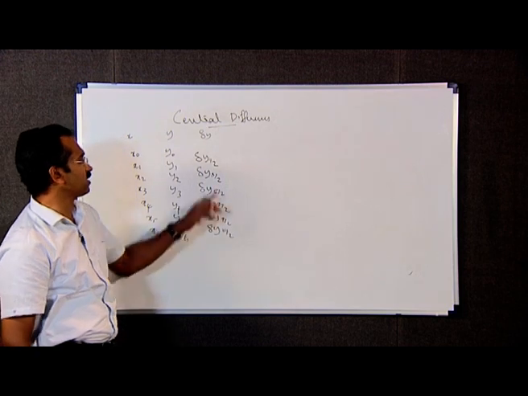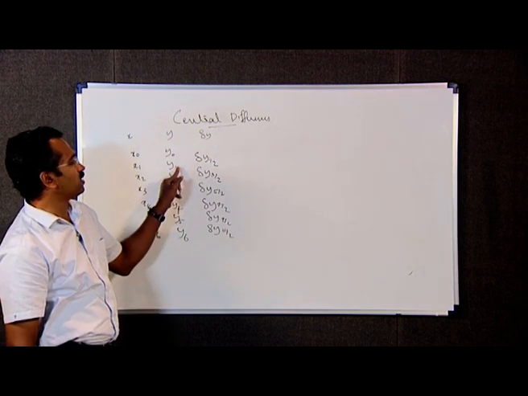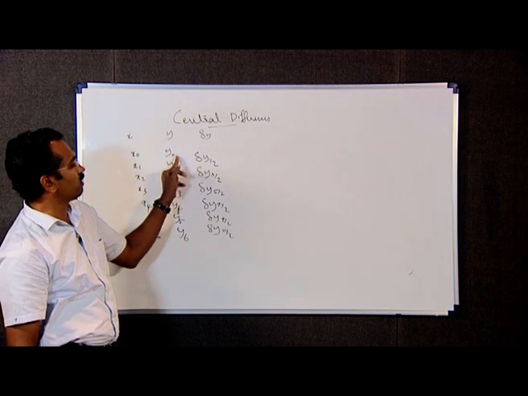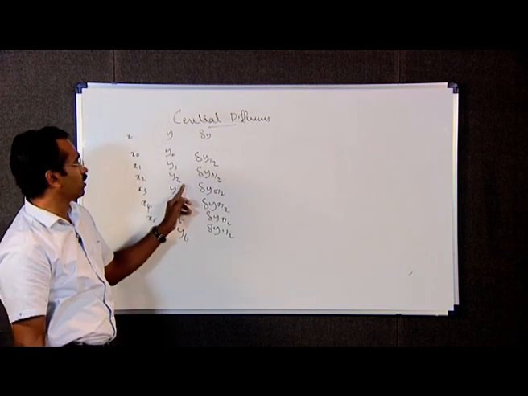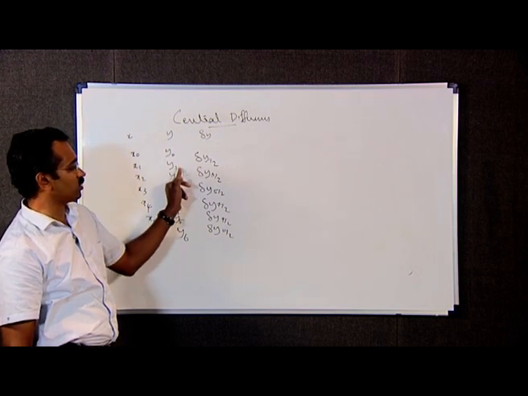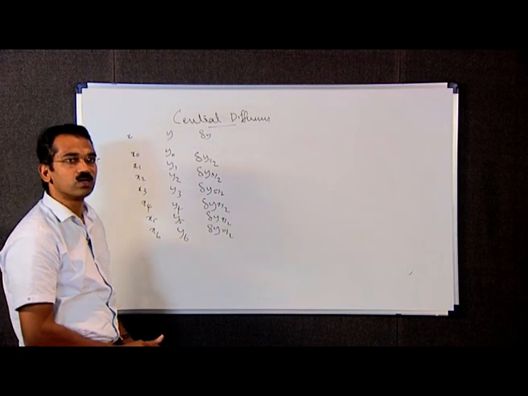That is, the suffixes are averages of these two suffixes. Here 1 plus 0, the average is 1 plus 0 by 2. Here 2 and 1, the average is 2 plus 1 by 2, that is 3 by 2, and so on.